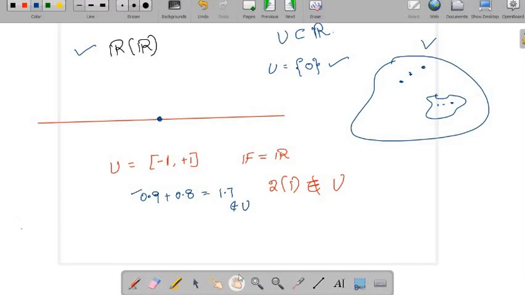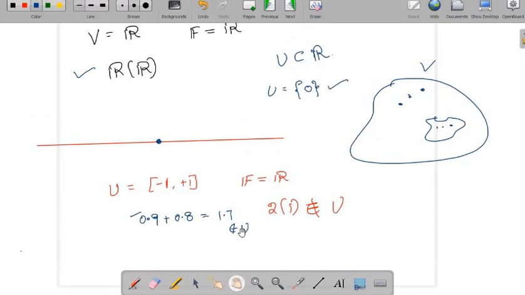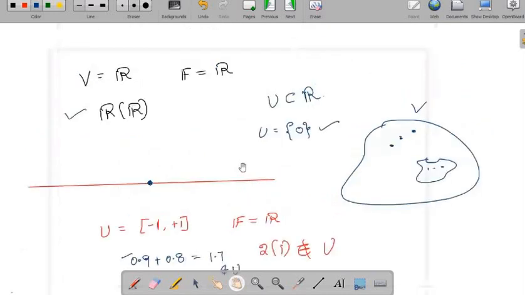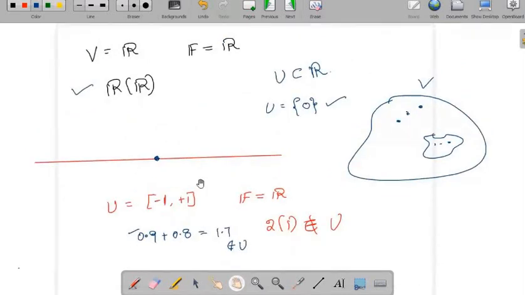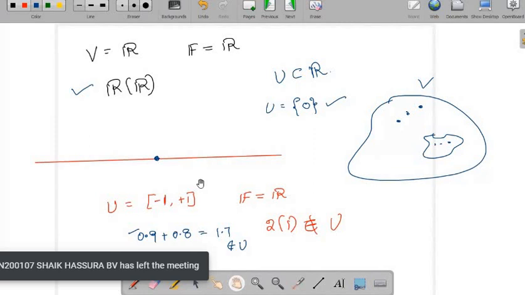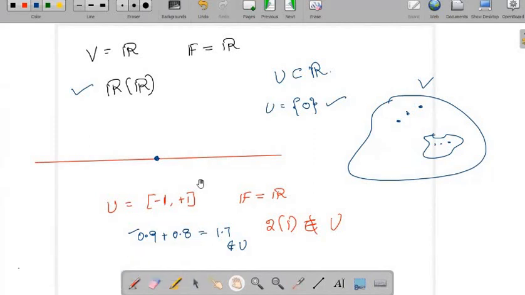Okay, and the beauty is this R over R has only one subspace, that is the zero subspace. If you look for a proper subspace, of course this is called the improper subspace only.